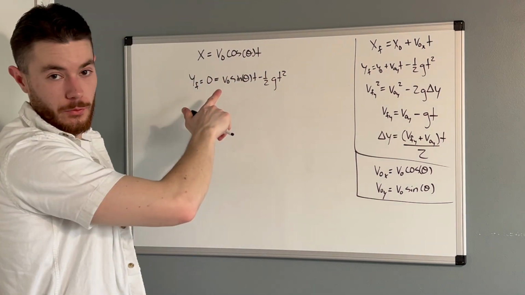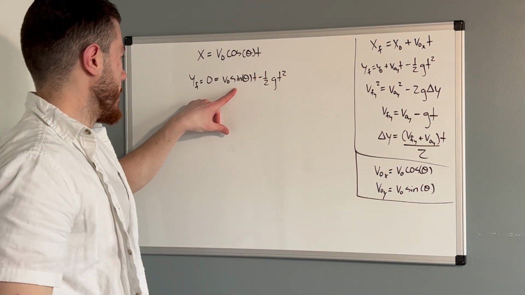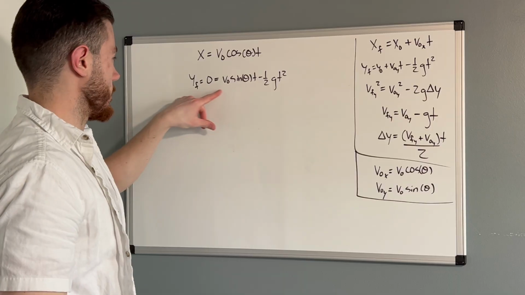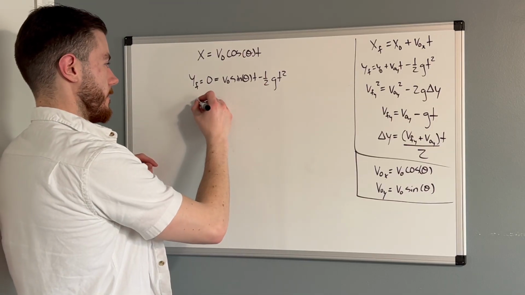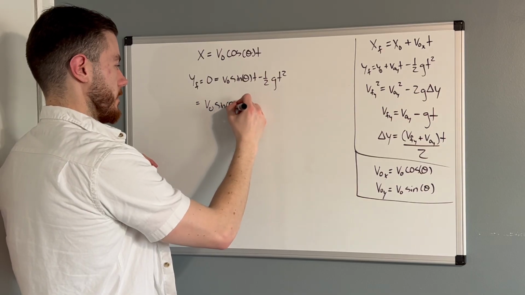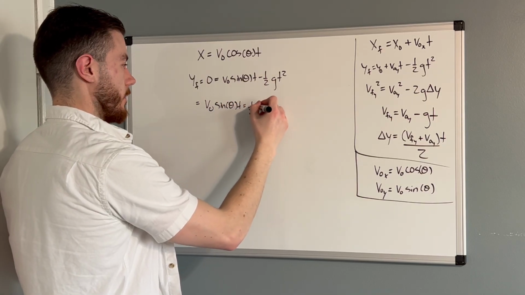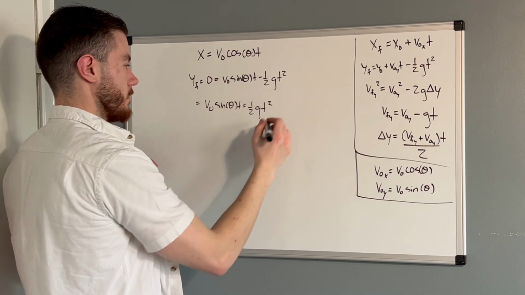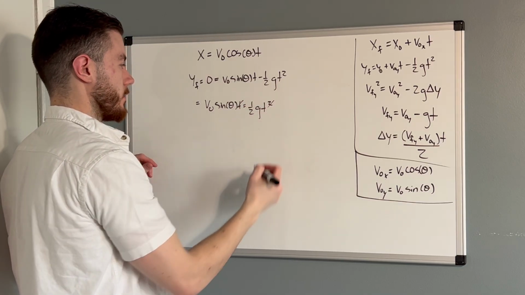So I just erased and moved them up here, but this is where we are. And then this is 0, we can bring this term to the other side. v naught sine theta times time is equal to 1/2 g t squared. One of the times is going to cancel.